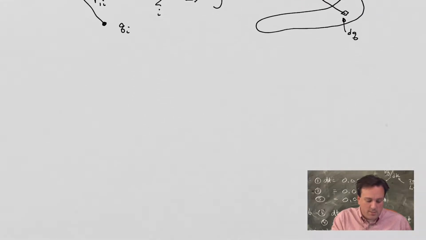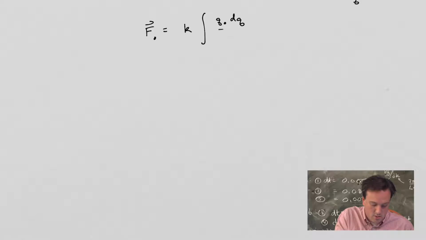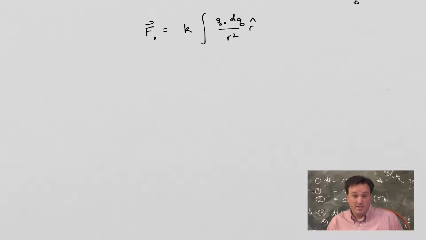Before I do an example, I do want to say that F0 is equal to k times the integral of q0 dq over r squared r hat. When I'm talking about this integral in this form, it's actually kind of hard to do calculations with it, because I don't really know what it means to define a little dq.